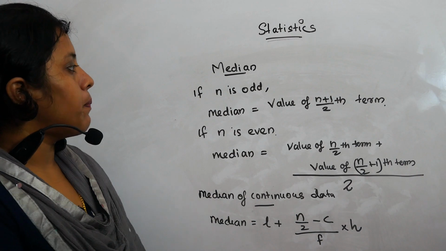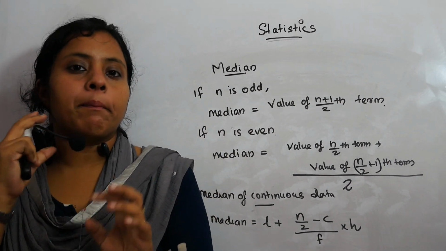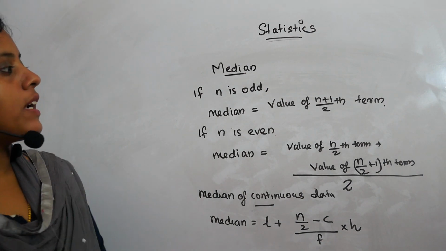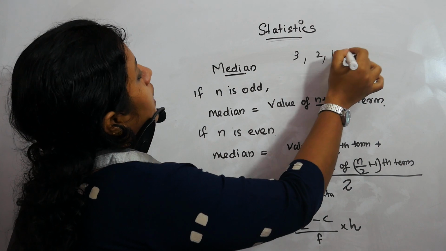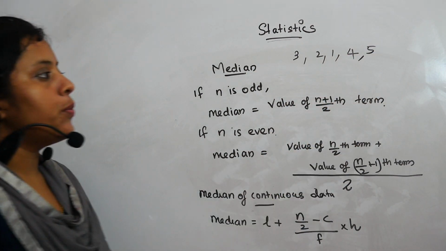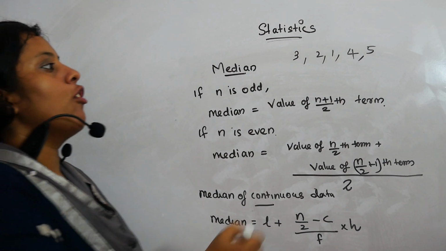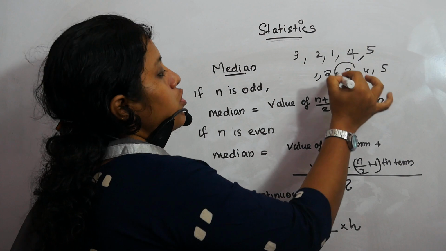Now let's see what the median is. Median just means the middle value. Suppose, as we have studied in lower classes, you have data like 3, 2, 1, 4, 5. What we'll do is arrange them in ascending order, 1, 2, 3, 4, 5, and choose the middle value.